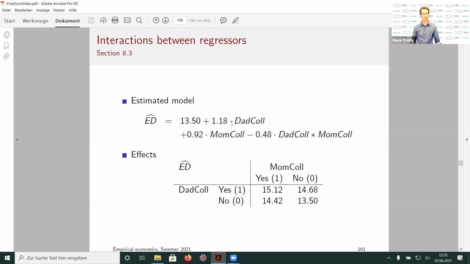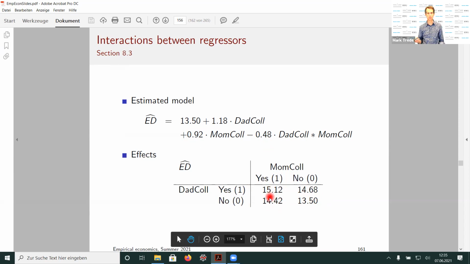So the marginal effect of, say, the dad having a college education depends on the value of the mom's education. Here it's smaller than here. Here the effect is larger than 1, and here the effect is less than 1.